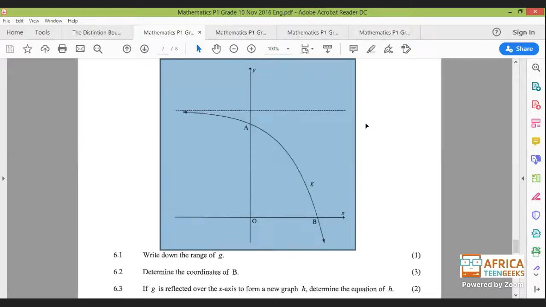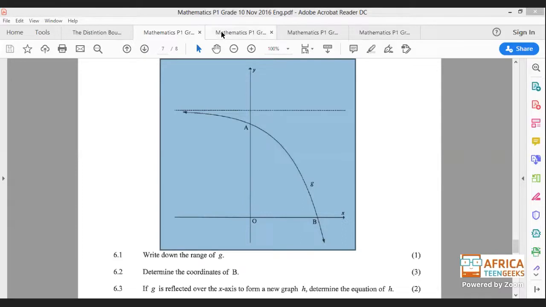I can see Palisa got h of x equals 2 to the power of x minus 8. Very good, guys. Because when you reflect this over the x-axis, this was positive 8, so when it reflects it's going to be negative 8.